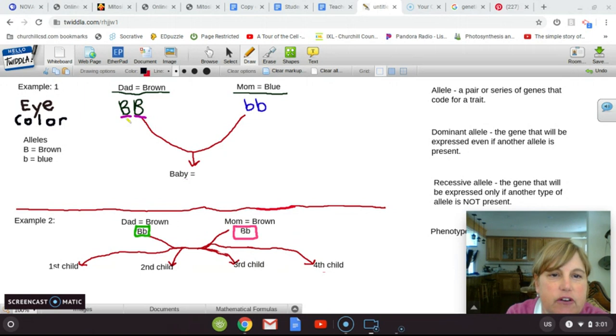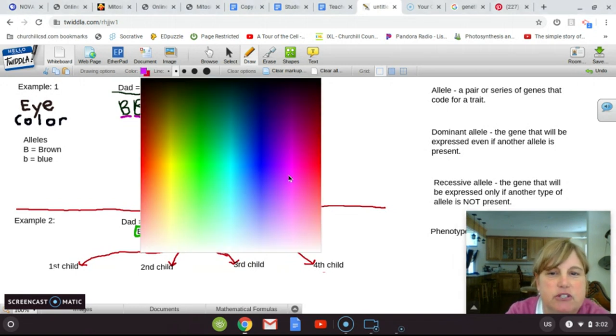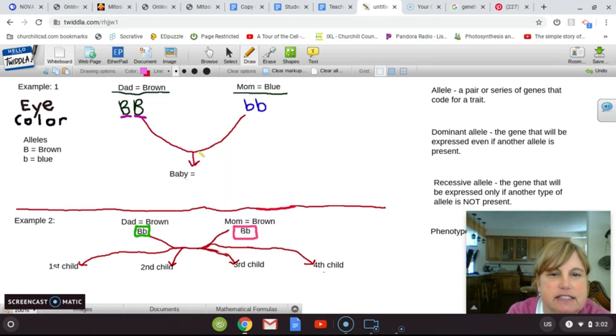So dad gets to donate one allele to the offspring. Well, he only has capital B's, so that's the only thing he can even donate to the baby. So let's go with pink. Dad's going to donate a capital B to the baby.